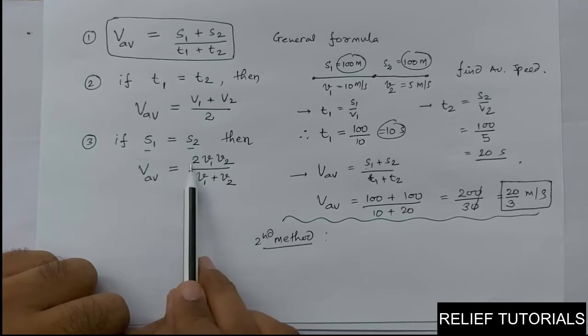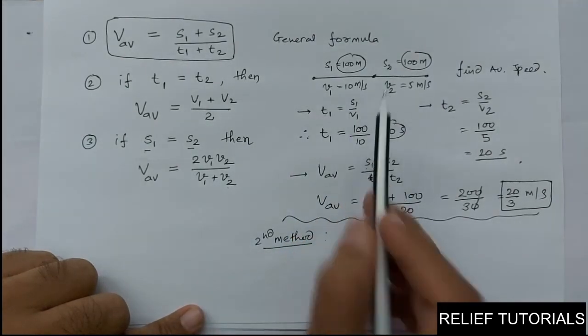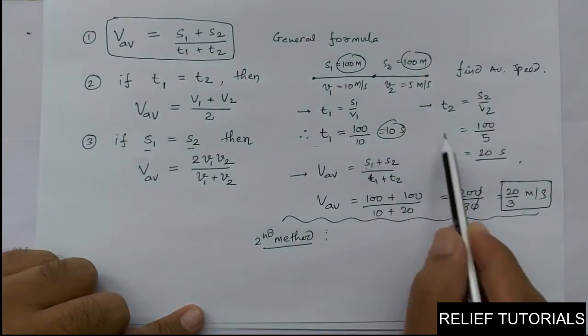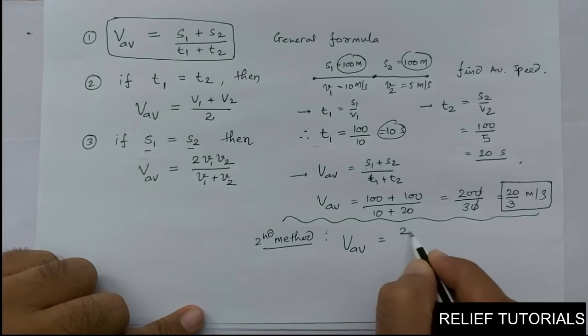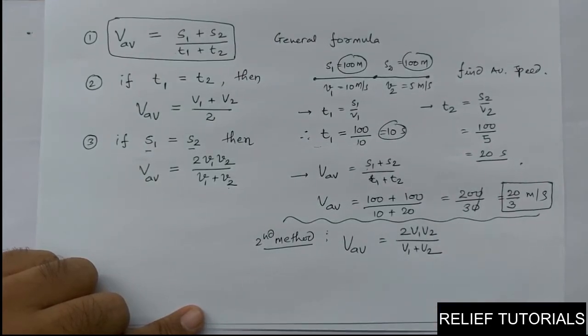VAV is equals to 2V1 V2 upon V1 plus V2. We have the information of V1 and V2 already. So in the second method we don't need to find T1 and T2. Directly we can write VAV having the formula 2V1 V2 upon V1 plus V2.